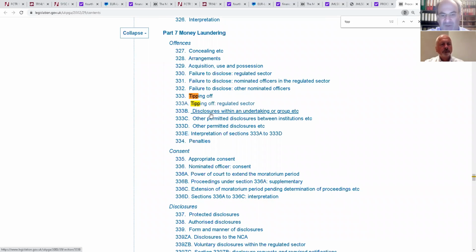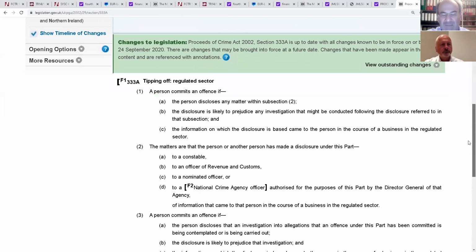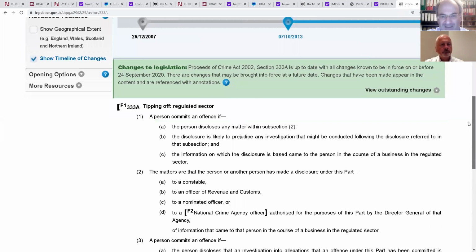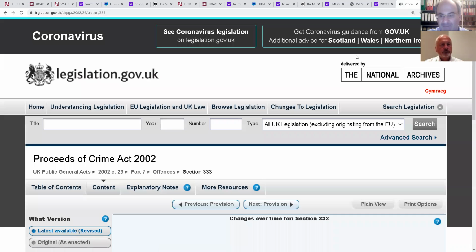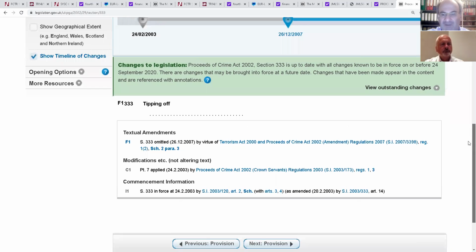Again, if we just want to see tipping off in the regulated sector, we click on 333A, and that's all we get. If we wanted to know what it was like not in the regulated sector, we just click on previous provision, and it takes us safely there. You see what's happened?